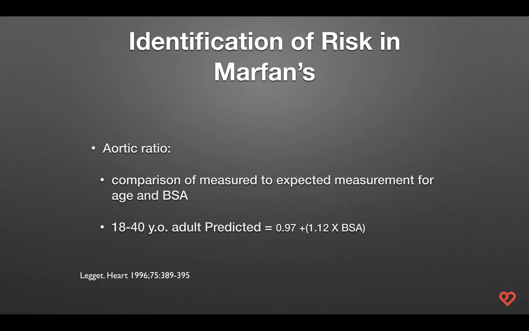I want to introduce you to another concept that I looked into because I thought it was helpful to talk to patients. There is something called an aortic ratio. It's the comparison of what is measured to expected for age and body surface area. And it works for 18 to 40-year-olds, where the equation for what is predicted is the one that I list here.